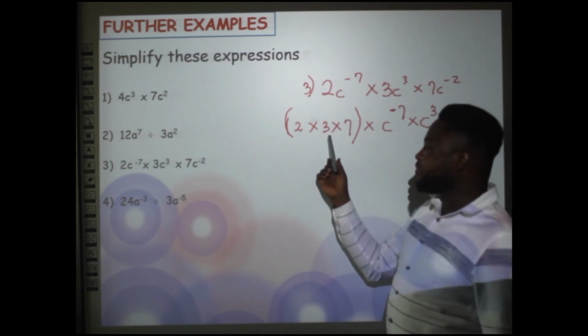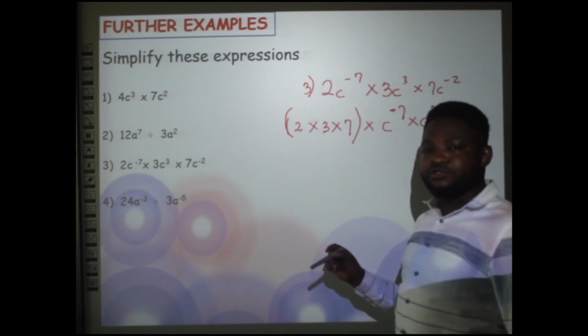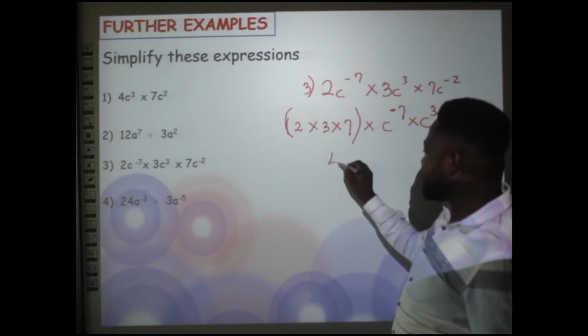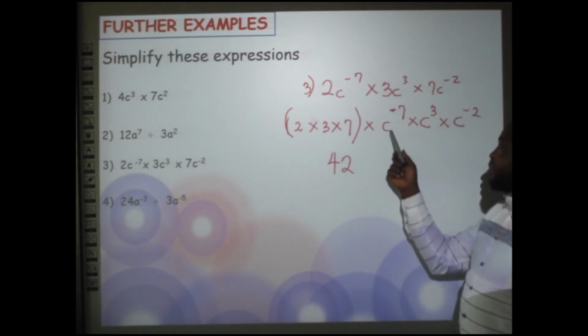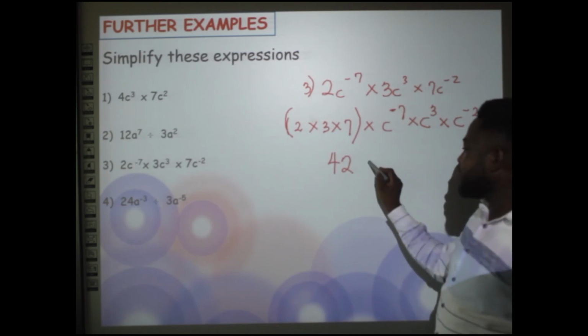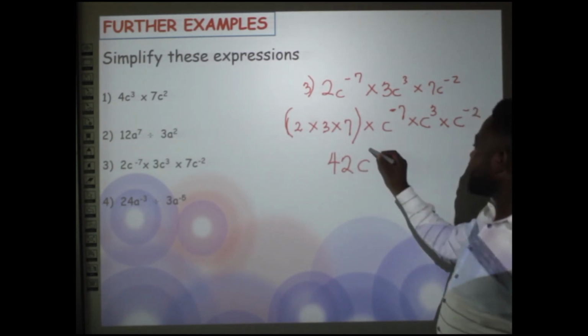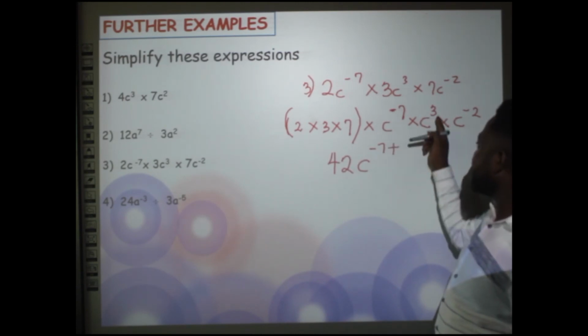Now, what is 2 times 3? 2 times 3 will give us 6. 6 times 7 will give us 42. So this will give us 42. Now, look at this. We have c here. Okay, they have a common base, so you pick one. So you now have minus 7. You add, this will turn to plus what? 3.